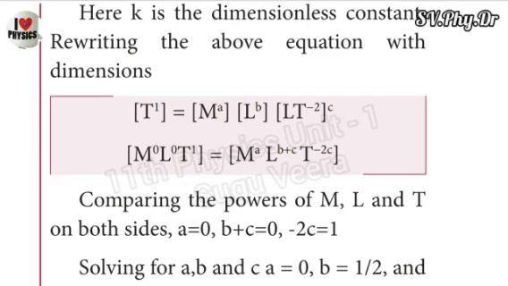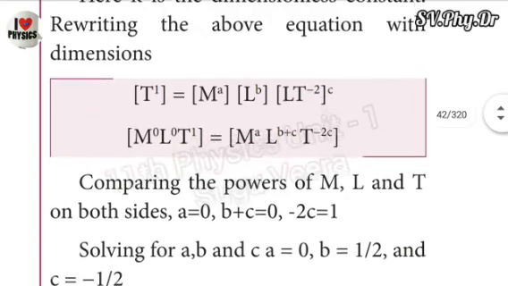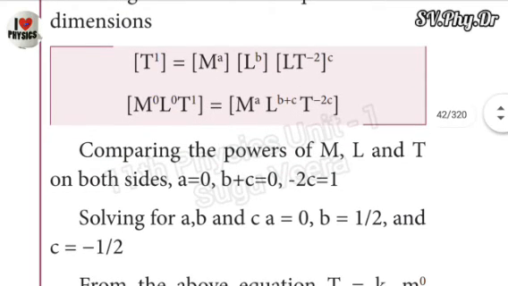Comparing the powers of M, L and T on both sides, a equals 0, b plus c equals 0, minus 2c equals 1. So minus 2c equals 1, so c equals minus 1 by 2. Then substituting the c value in b plus c equals 0, b minus 1 by 2 equals 0, that is b equals 1 by 2.